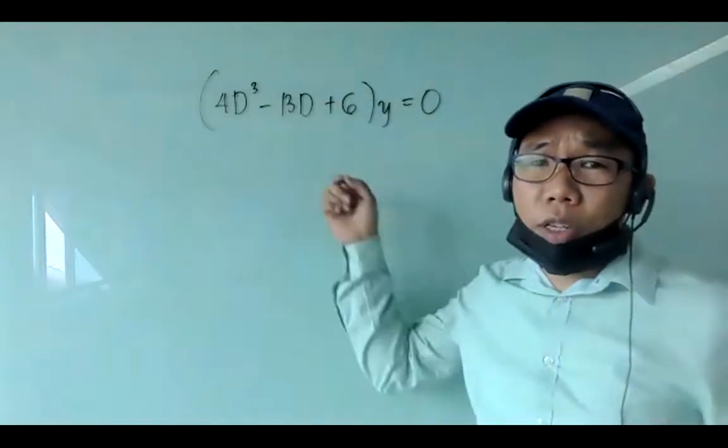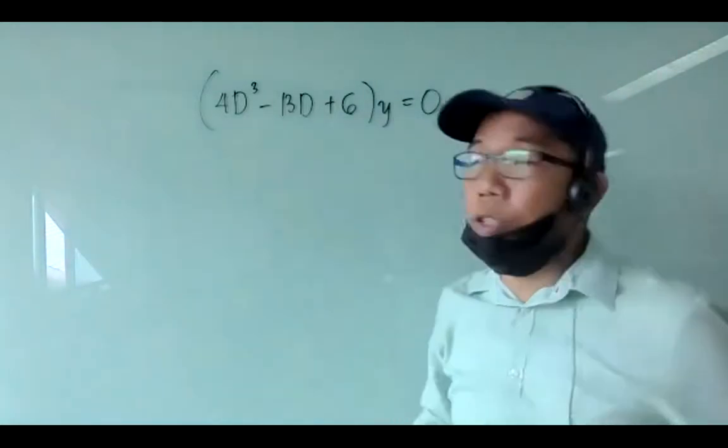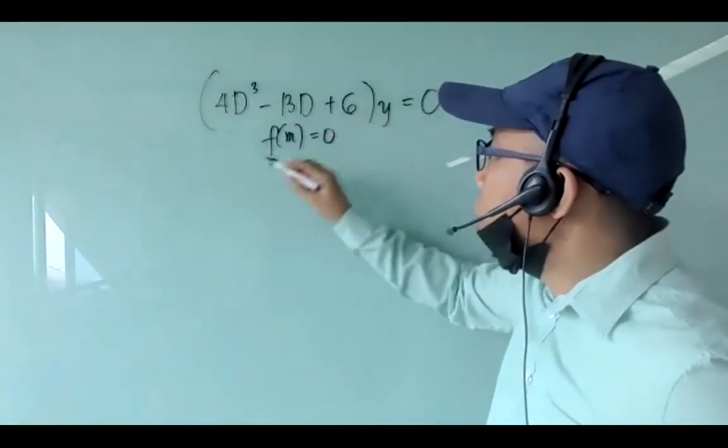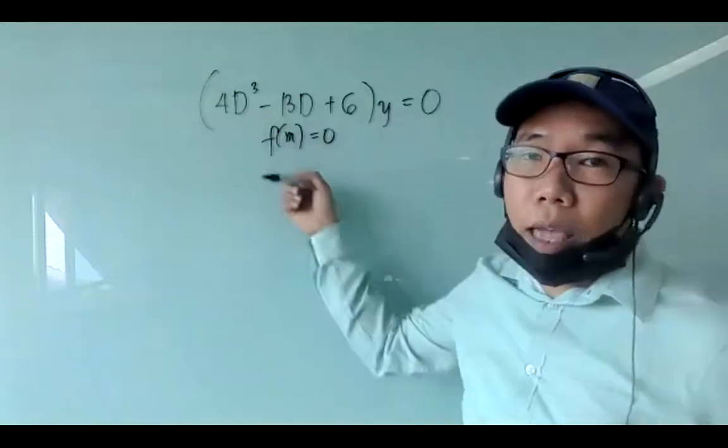Dahil naka-D operator na siya, so we're going to write the auxiliary equation. Okay, ano yung auxiliary equation? F of m is equal to 0 kung saan you replace D by m.